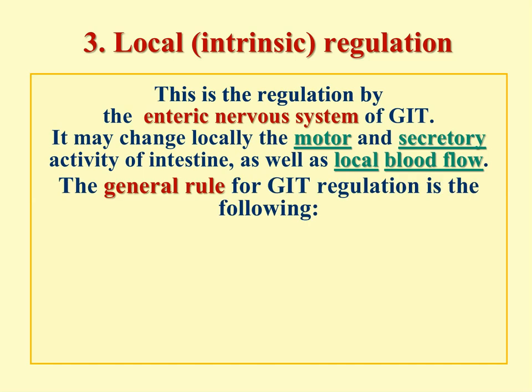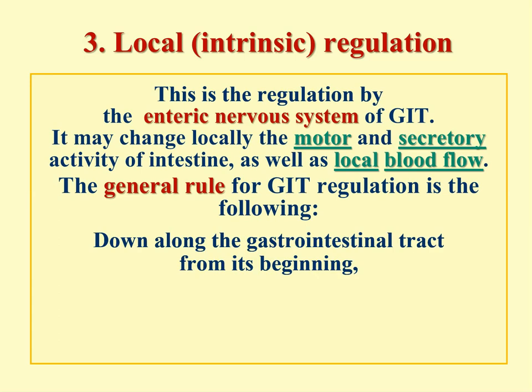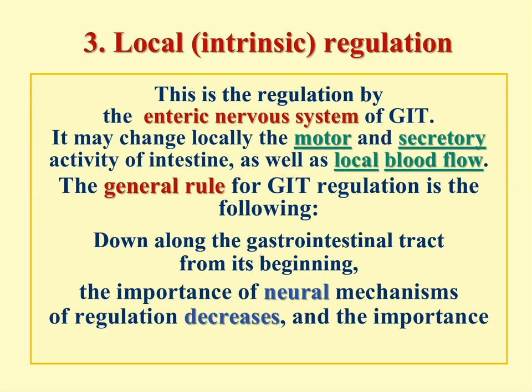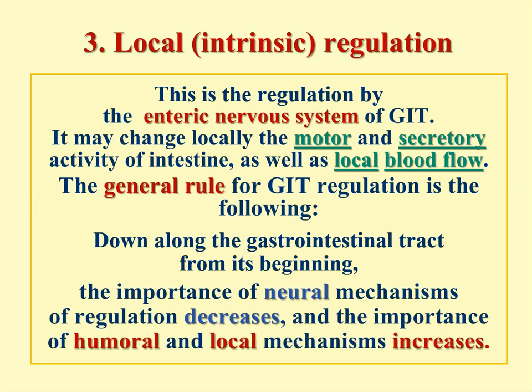There is a general rule for the regulation of gastrointestinal tract functioning, and this rule is the following. If we start to consider the gastrointestinal tract from its beginning and move down along it, the importance of neural mechanisms decreases gradually, and the importance of the humoral mechanisms and the local mechanisms gradually increases.